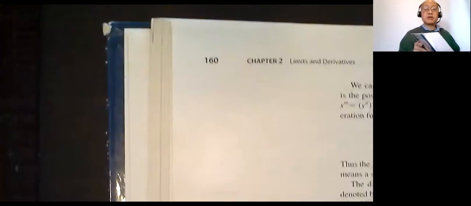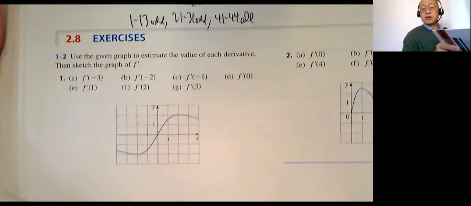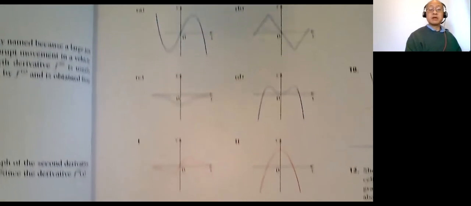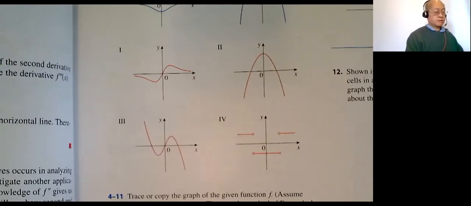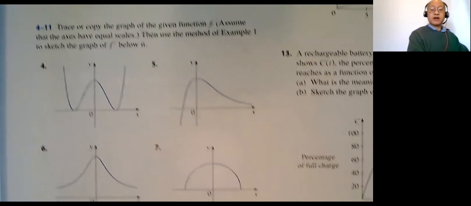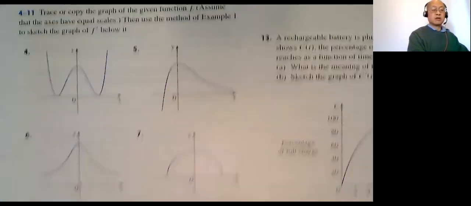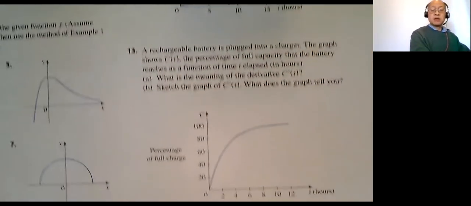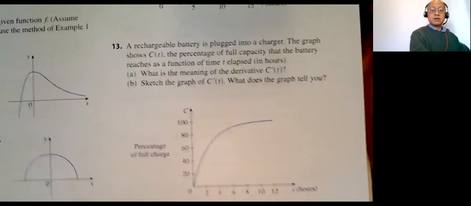While I'm at it, I might as well get you 2.8. Again, I'm treating it all as one great big section, so to speak. We had to go up to 44, I guess. Okay, 2.8, page 160: 1, 3, 5, 7, 9, 11, 13.